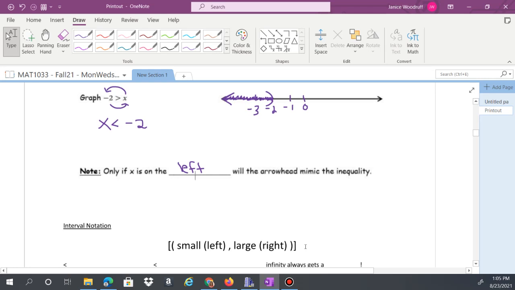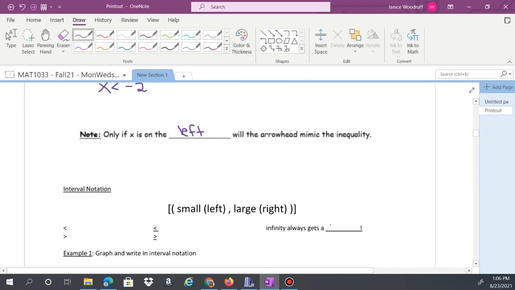Okay, interval notation is going to look like this. You're going to answer your questions on a graph and then in interval notation. Here's what we're going to do for interval notation. You're going to do either a bracket or a parentheses, then your smaller number or your leftmost number will go first, then a comma, then your larger number or your number on the right will go second, and then either a parentheses or a bracket.